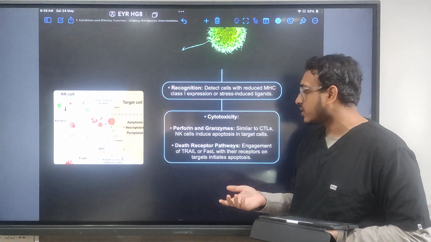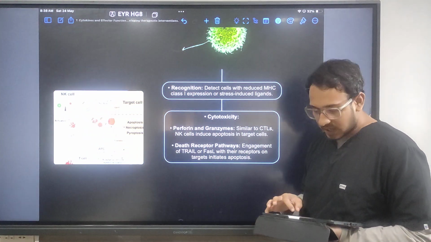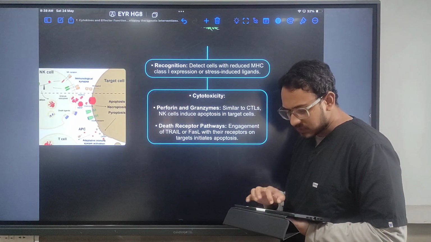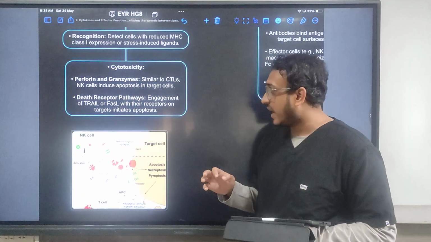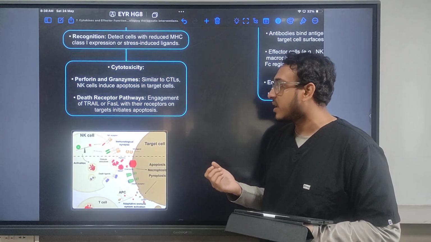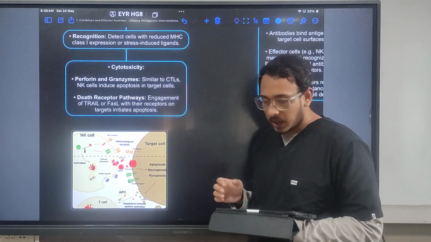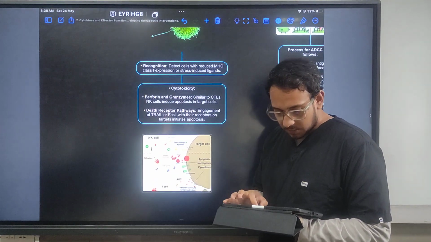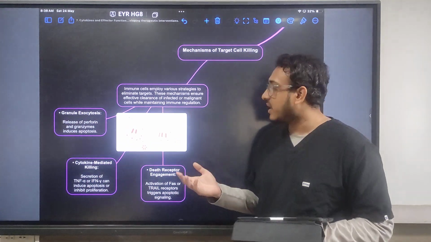The NK cells induce apoptosis in the target cell. Also, there is another mechanism, that is cell death receptor pathways. On engagement of TRAIL or FasL with the receptors on the targets, apoptosis will be initiated. This is the mechanism of target cell killing.